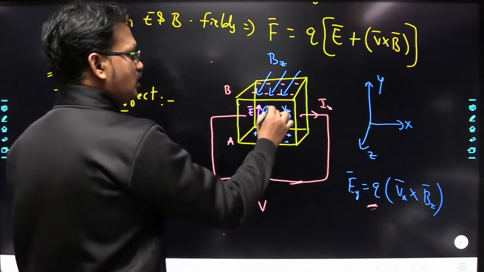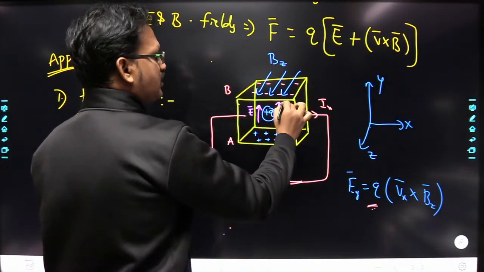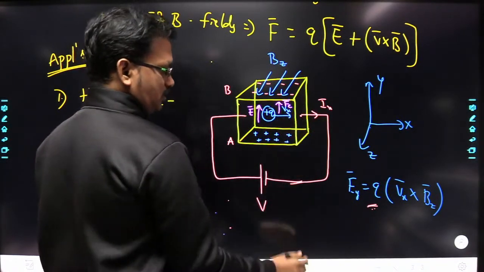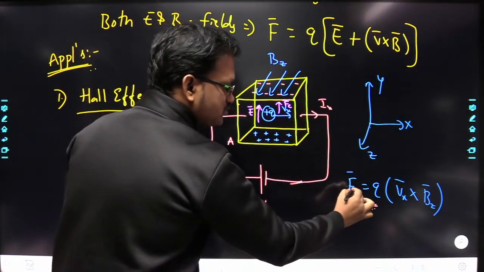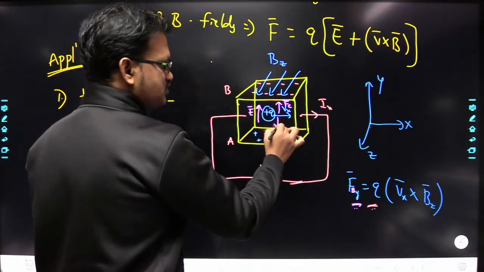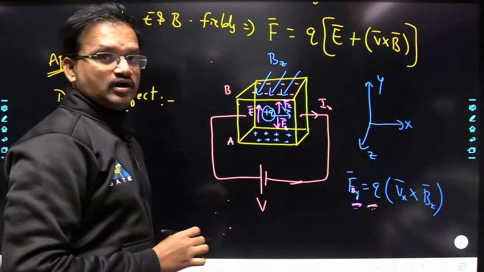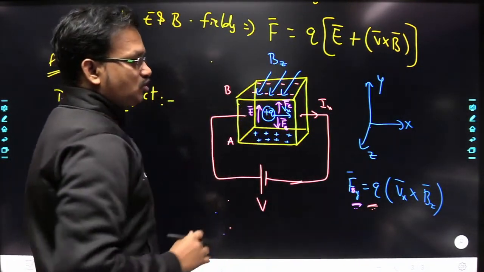So these positive charge carriers experience the electrical force in the upward direction. The magnetic force is in the minus Y direction and the electrical force is in the upward direction, so both are opposite to one another.